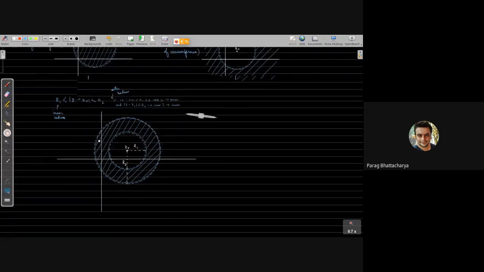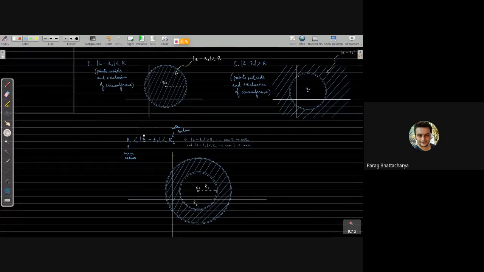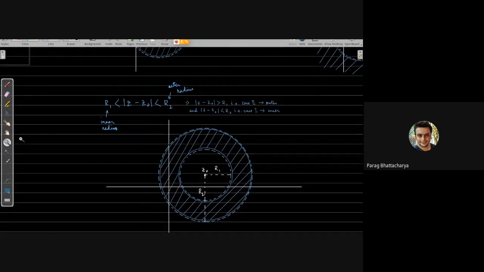Is that clear to everyone? So points inside the annular region, this is known as the annulus.